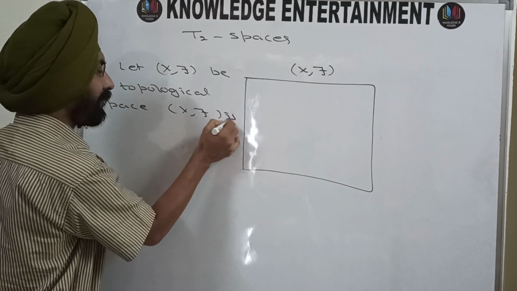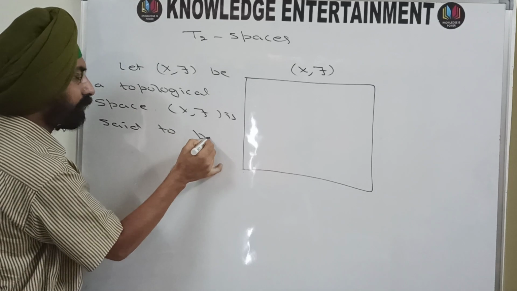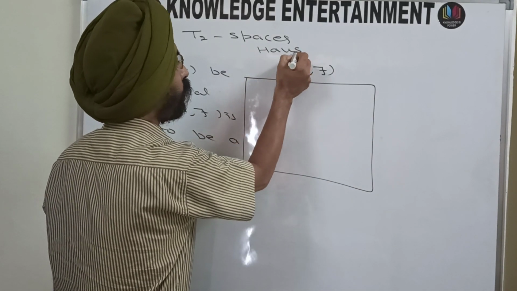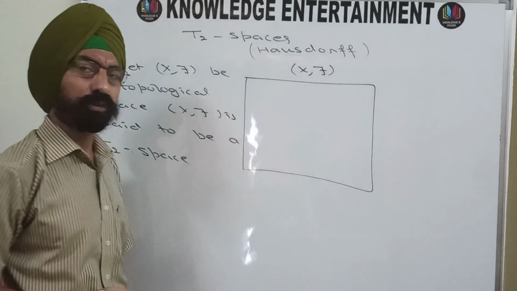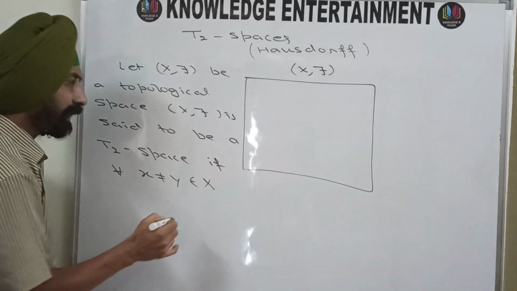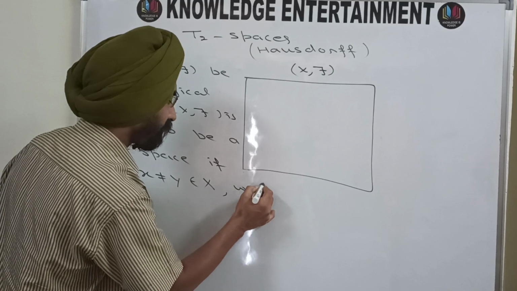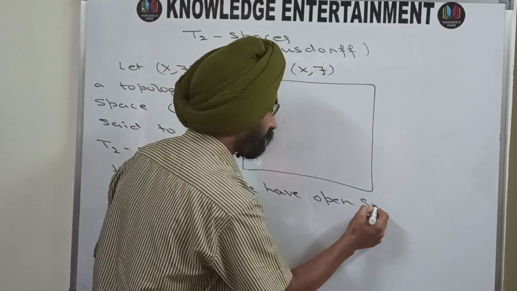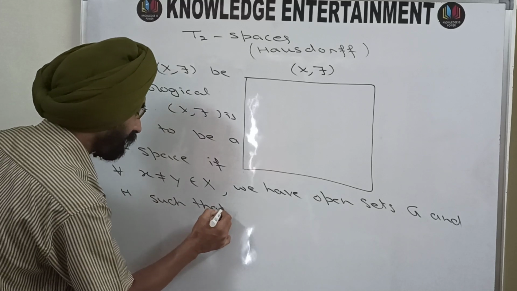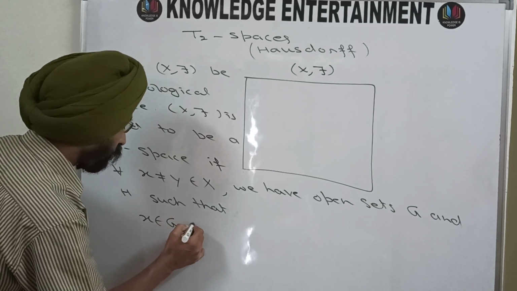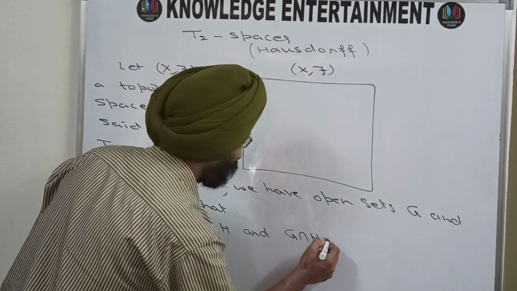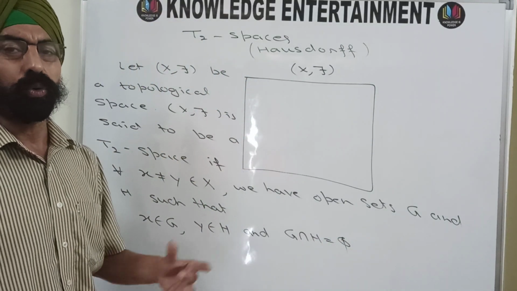(X, tau) is said to be a T2 space, also known as Hausdorff space, if for every two distinct points X and Y in the set X, we have open sets G and H such that X belongs to G, Y belongs to H, and G intersection H is phi. That means G and H are now disjoint sets.